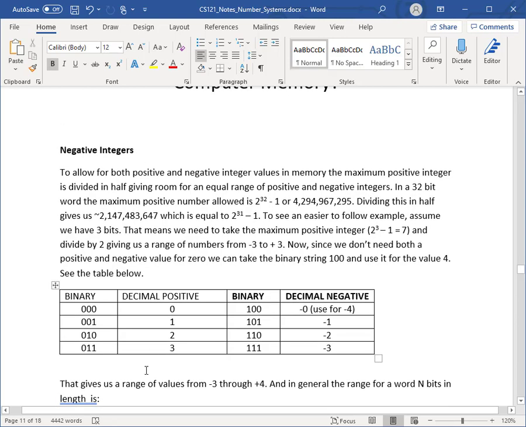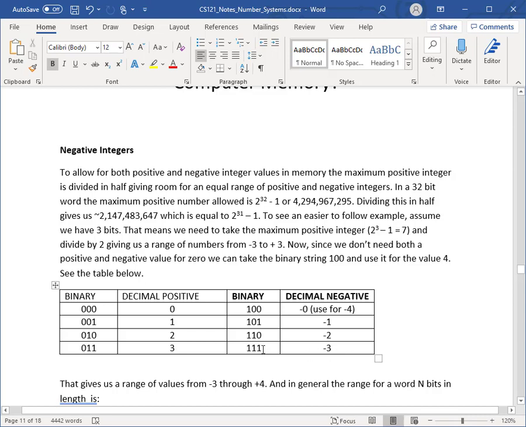So let's do it like this: 000, 001, 010, 011. Let those represent the decimal values 0, 1, 2, 3, as we've done so far. But we want the other half to represent negative values. So if we have 100, 101, 110, and 111 left, then we can let those represent negative numbers.